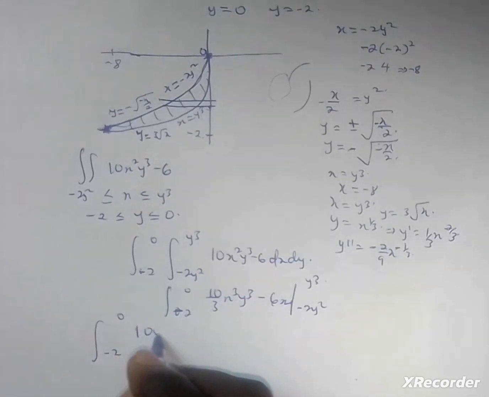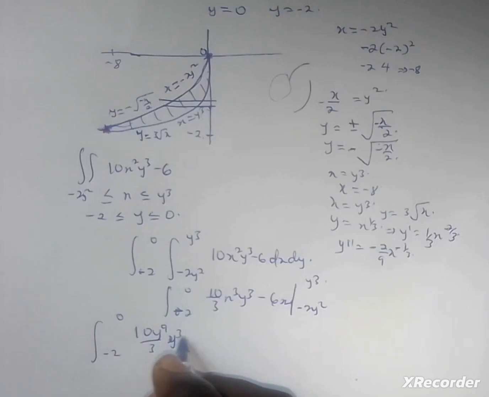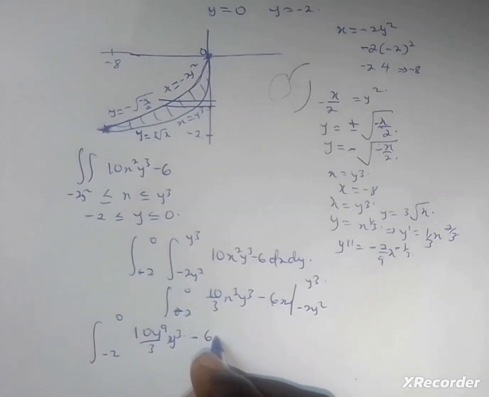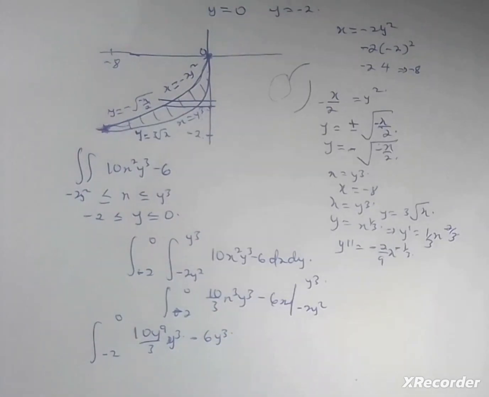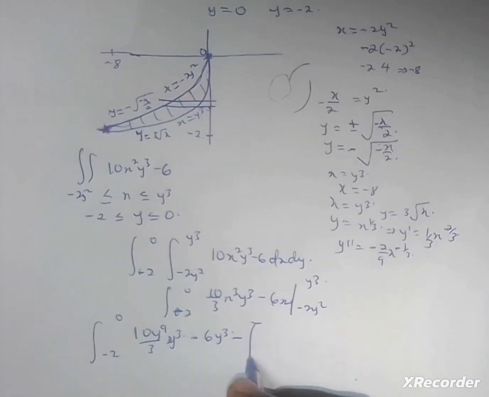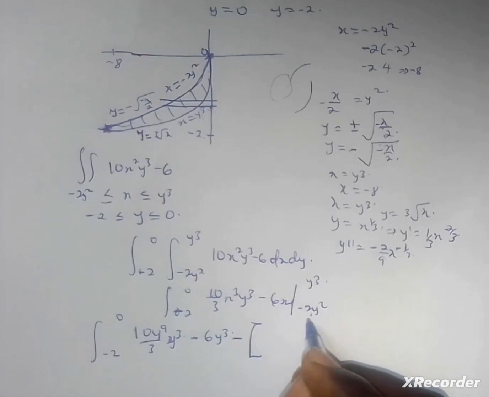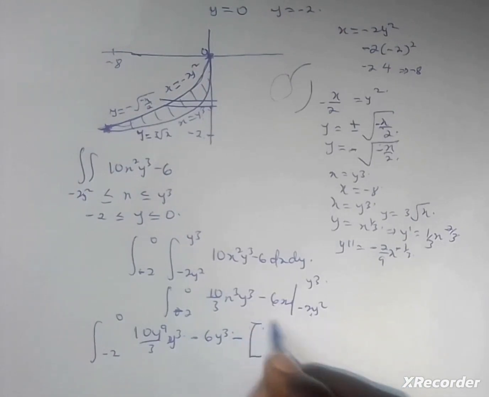So I'm going to get 10y to the power 9 over 3, times y cubed, minus 6y cubed, minus the whole expression, where I'm going to put negative 2y squared.